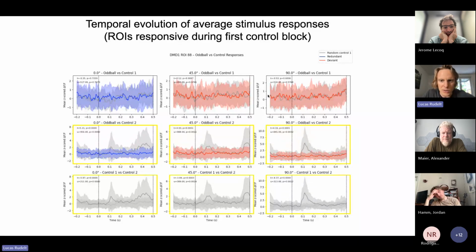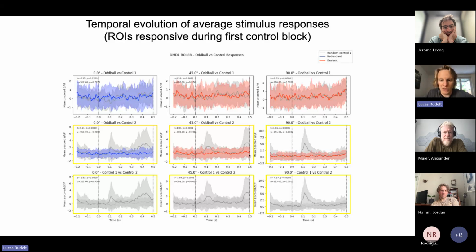You see that essentially this unit does nothing in the beginning. It's pretty close to baseline the entire time. So nothing interesting happening there. But if we look at control 2 and compare that either to the oddball or the first control response, we see that there's now a response coming up, and for the 45-degree, we can nicely see that it has a prominent on response and also an off response, whereas for the oddball here, it has a clear on response, but lacks the off component.